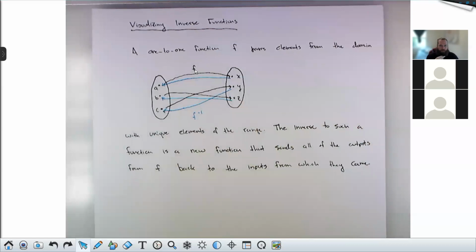This is the big idea of an inverse. It's the function that undoes whatever the function f did. So f sends a to x, f inverse will send x back to a. F sent b to z, f inverse will send z back home to b. F sent c to y, f inverse will send y back home to c. The fact that f is one-to-one is very important if you want the inverse to be a function.